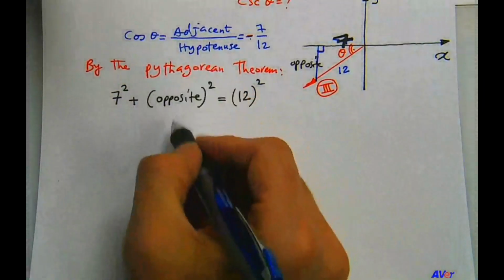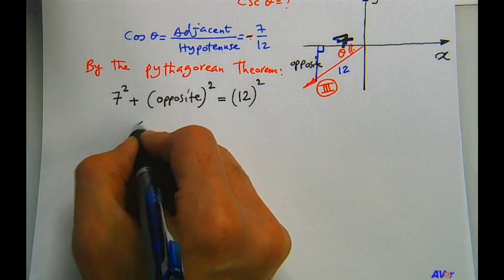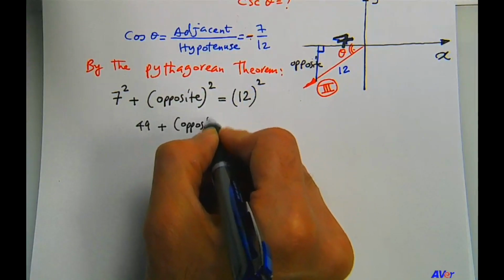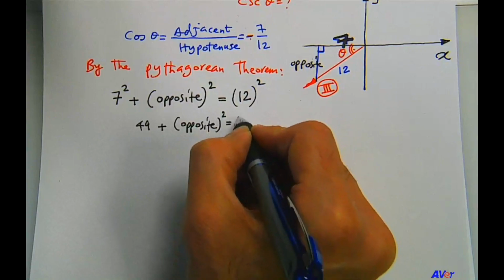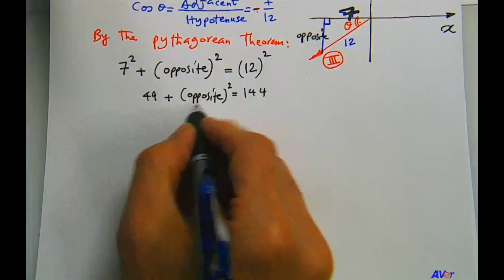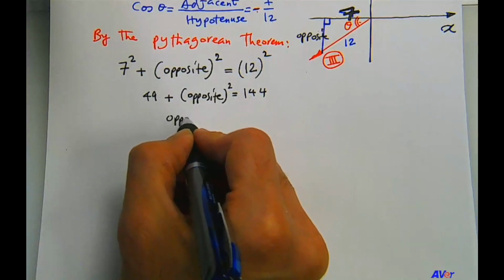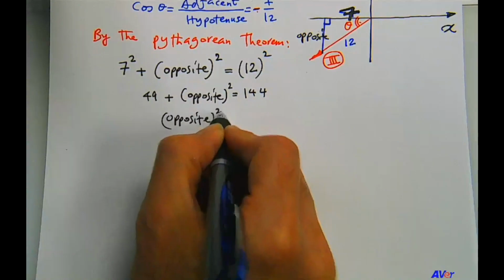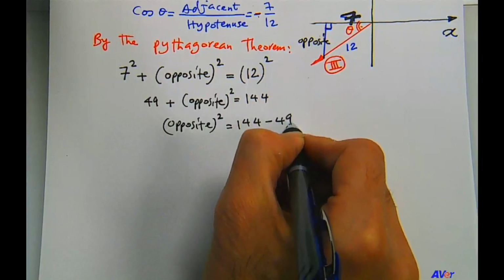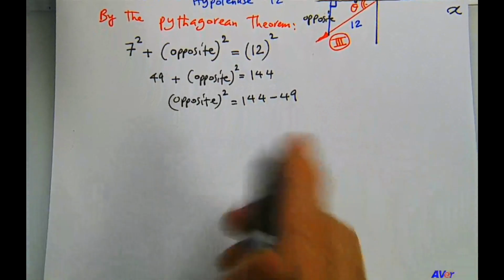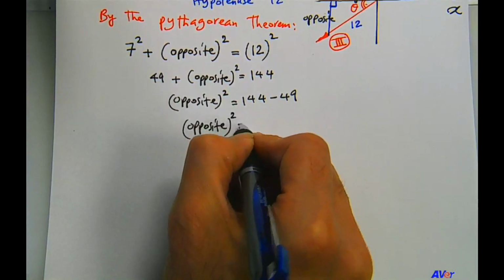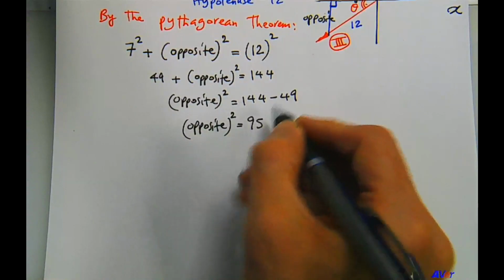Okay, so we solve this for opposite. What do we get? We get 49 plus opposite squared equals 144, and then opposite squared equals 144 minus 49, which is 95.